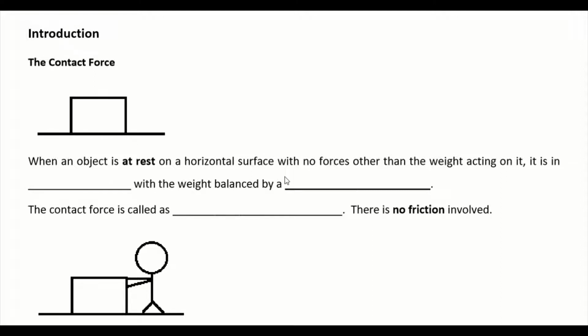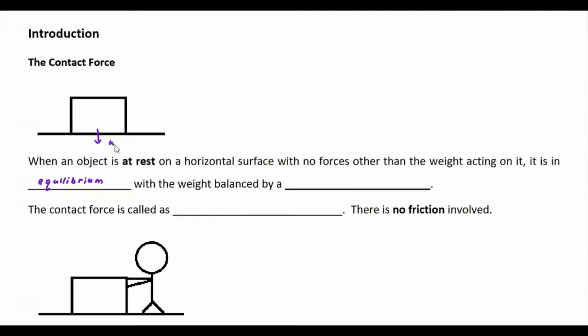I'm just going to do a recap here. When an object is at rest on a horizontal surface, where no other forces act on it except the weight, we call the object in equilibrium. It's the same if the object is moving at a constant velocity, then it is also in equilibrium, but we are just going to look at rest for now. There will be a weight from the object that acts on the surface.